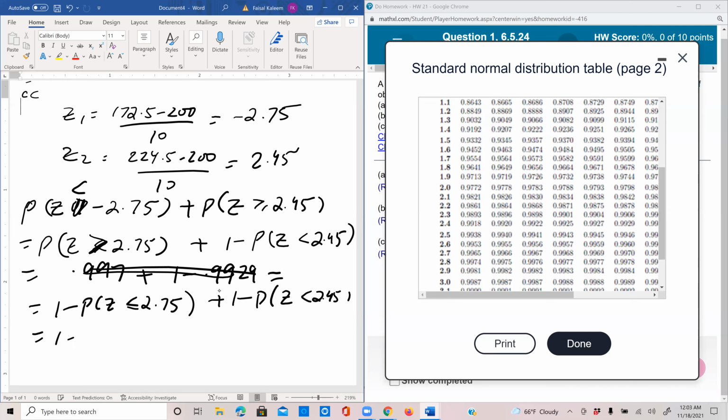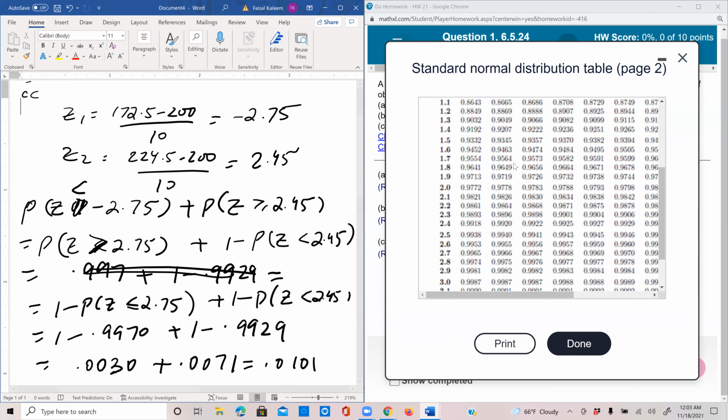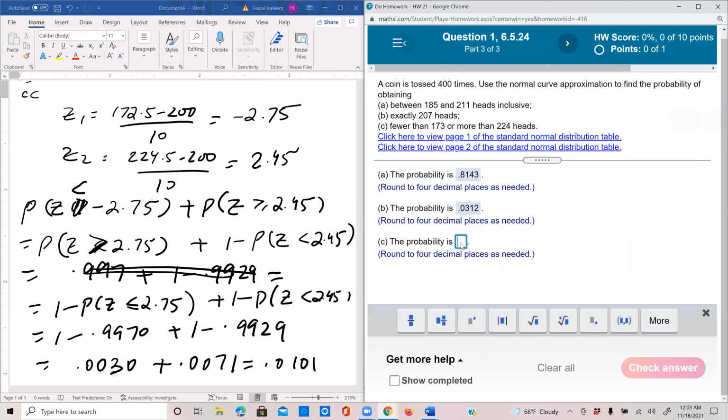Okay, so 1 minus 0.9970 plus 1 minus 0.9929. So that's 0.0030 plus 0.0071, equal to 0.0101.